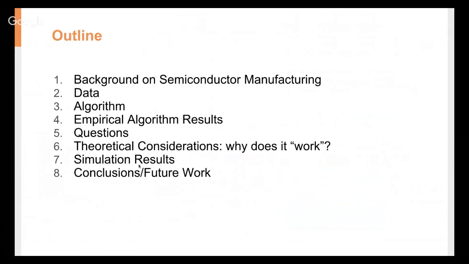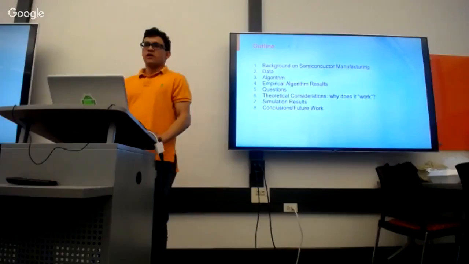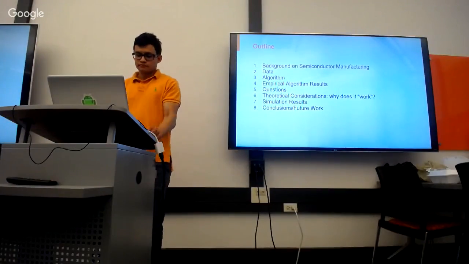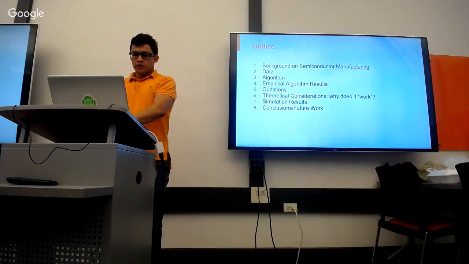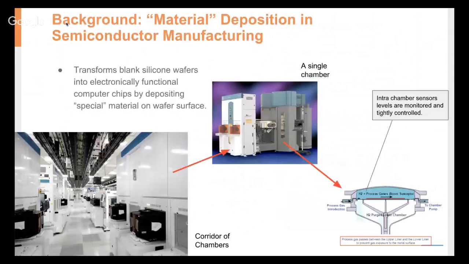It just kind of was an explanation that came about when I thought about underlying causes. Then I'll give simulation results for those theoretical considerations, and then I'll give conclusions of future work.